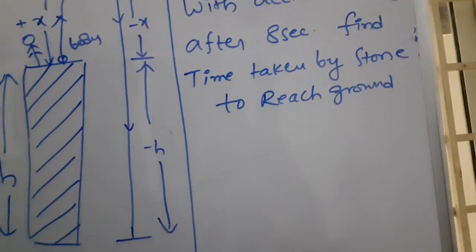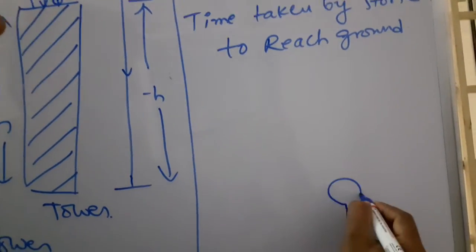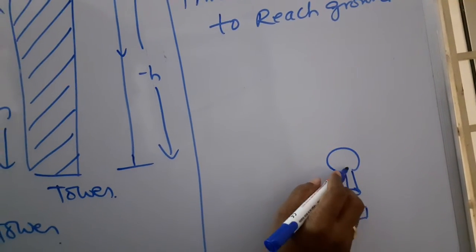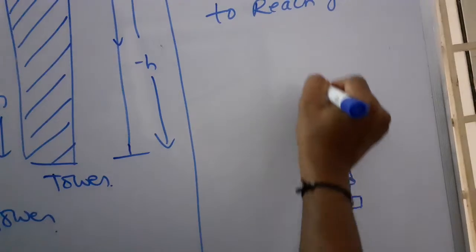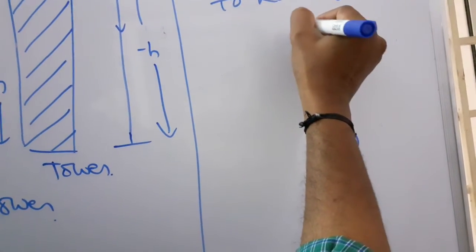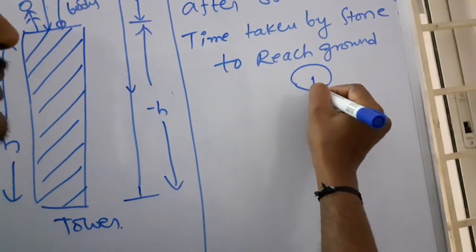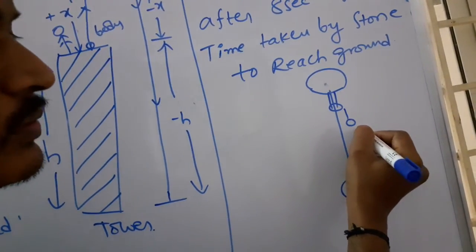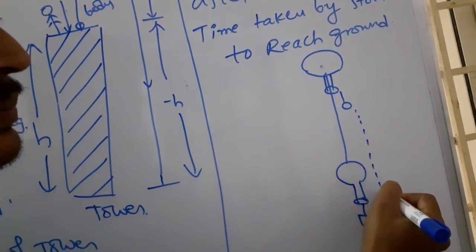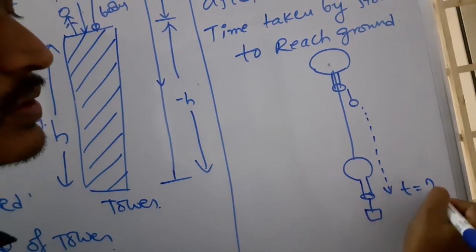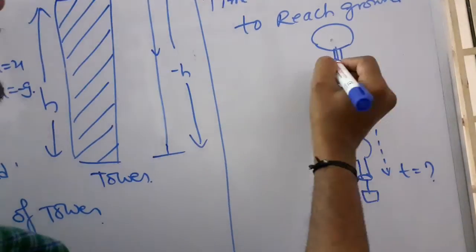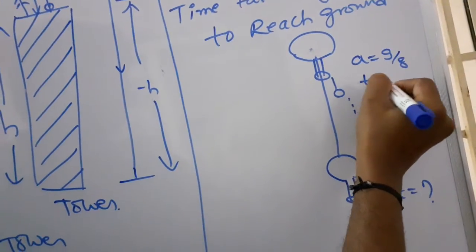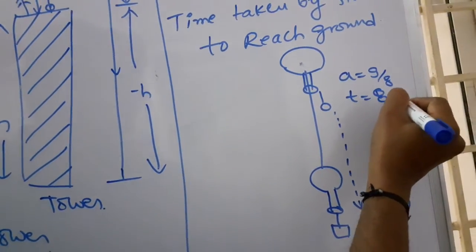So actually the stone is initially on the ground, connected with the balloon. Now the balloon raises up. Now the stone is dropped from this balloon. How much time will it take to reach the ground? So acceleration a is equal to g by 8, time t is equal to 8 seconds.